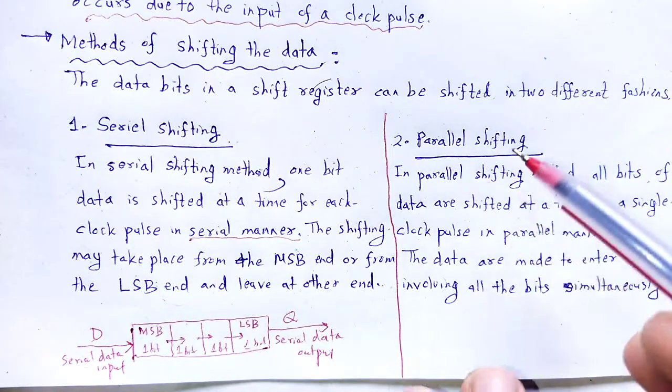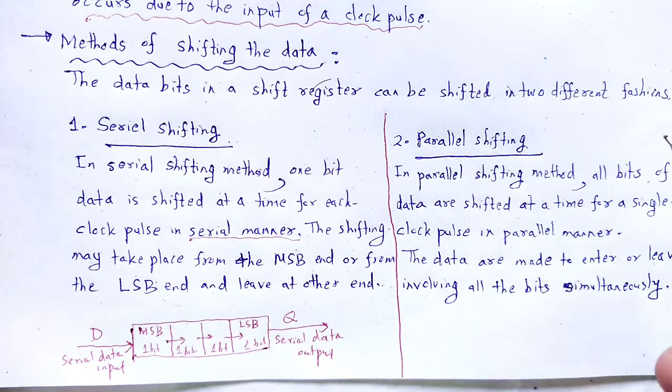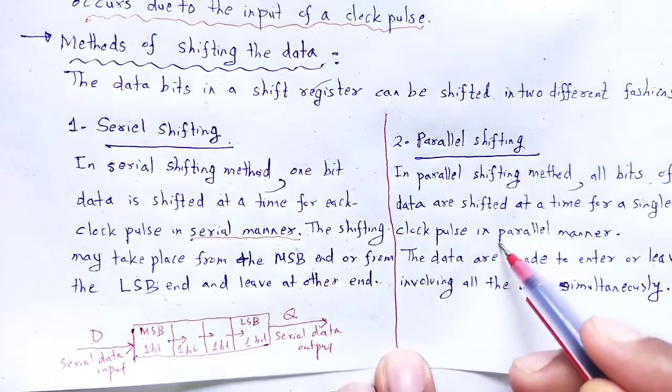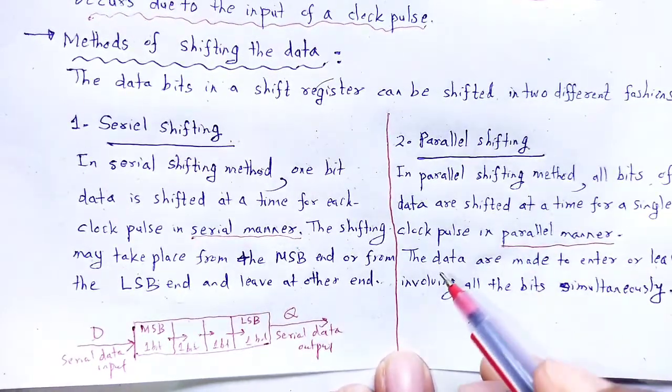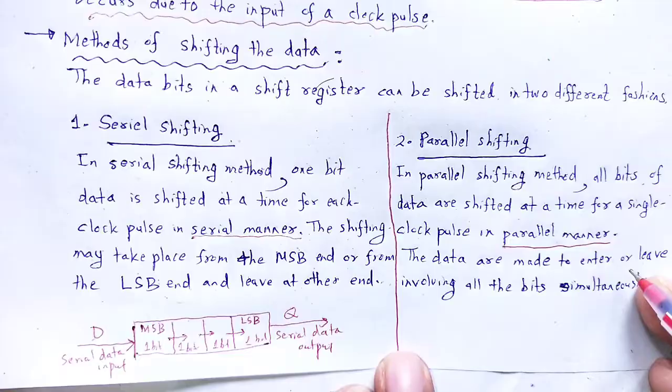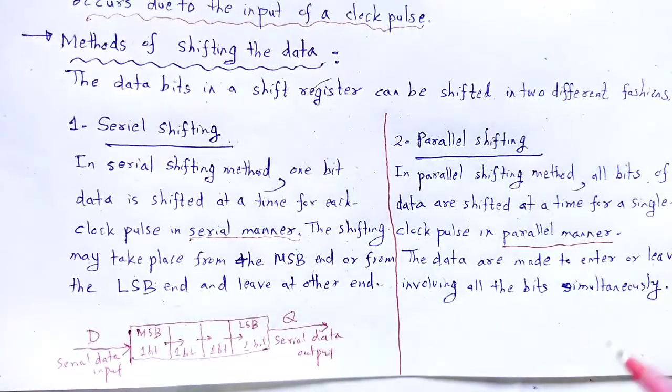Next, another method, that is parallel shifting. In the parallel shifting method, all bits of data are shifted at a time for a single clock pulse in a parallel manner. The data are made to enter or leave involving all the bits simultaneously.